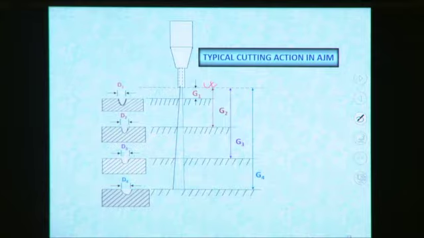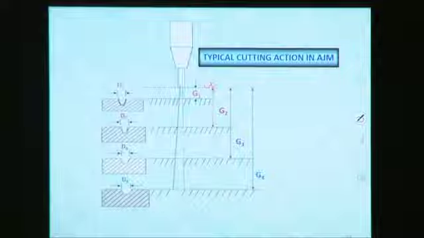Now if we consider this stand-off distance as G1, which is less, in that case the crater diameter is generated as D1. You can see this diameter is less, but the depth of indentation is very high. Now if we increase the stand-off distance, the crater diameter D2 also increases.